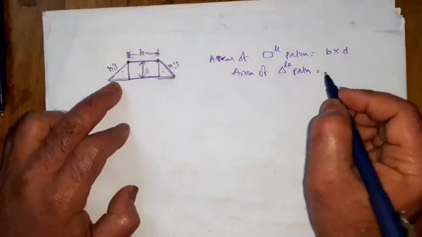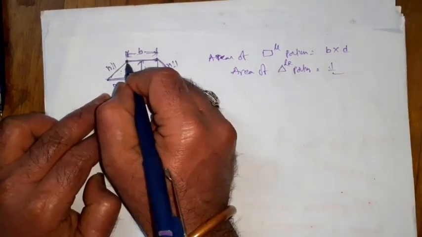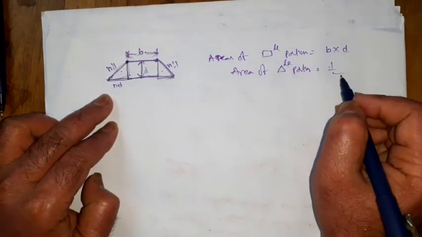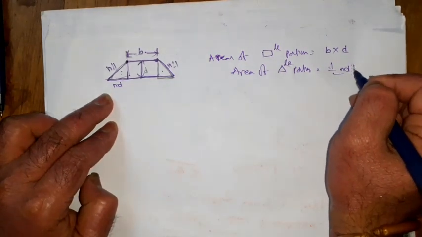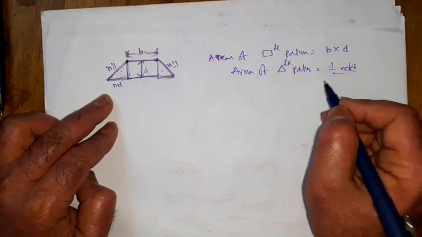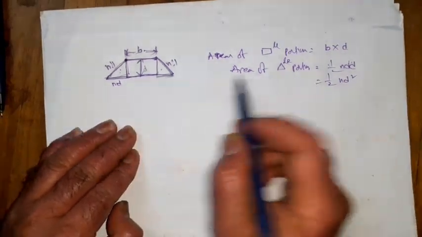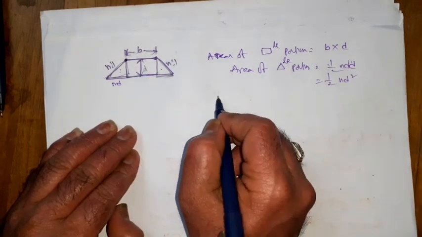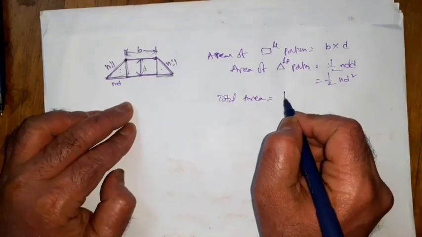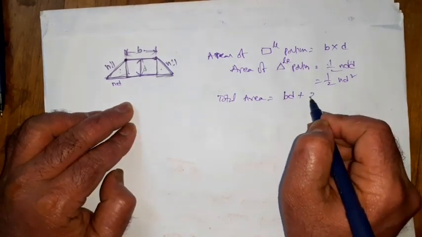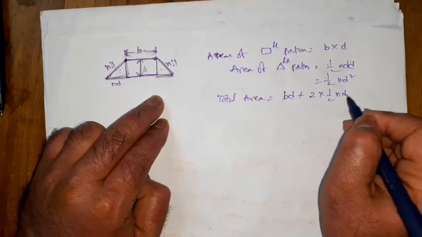Area of the triangle portion: this is n into D, so it looks like a right-angled triangle. So half into n into D into height D, that is half n D square. Like this we have two similar triangles. Now the total area is equal to BD plus two triangles, 2 into half into n into D square.